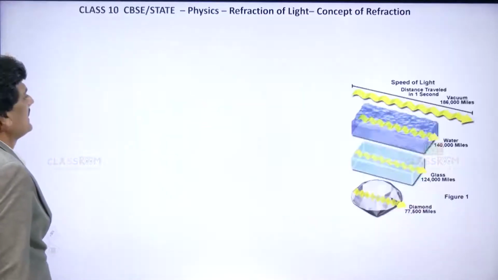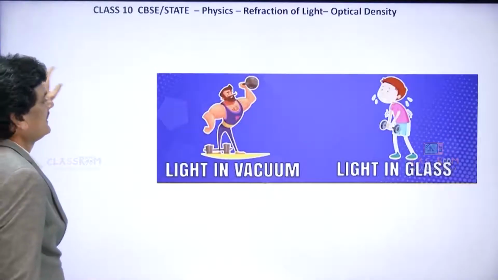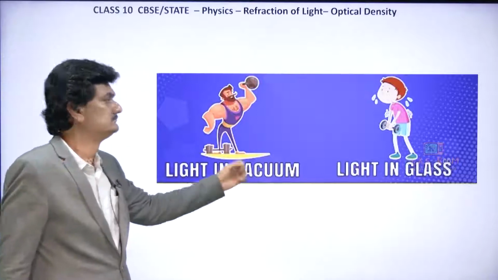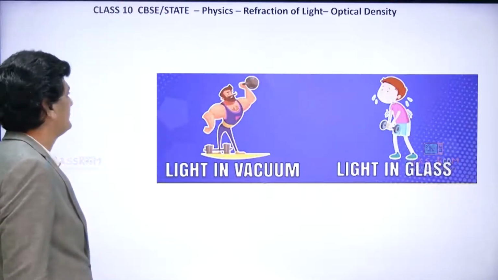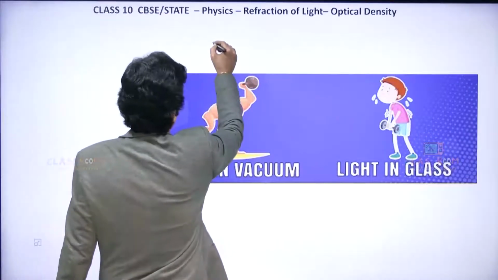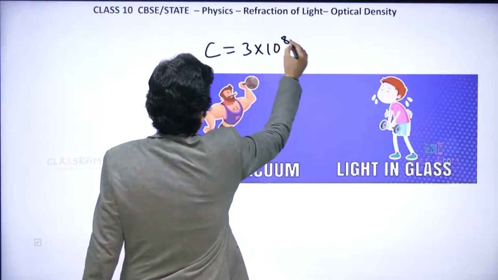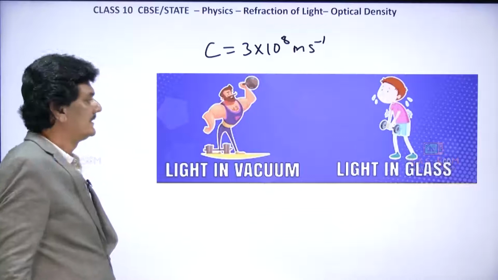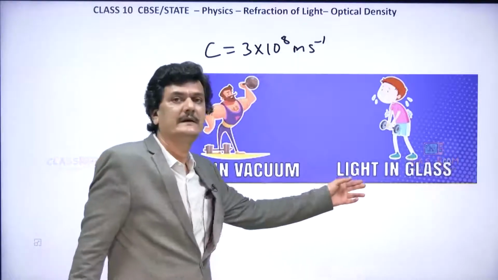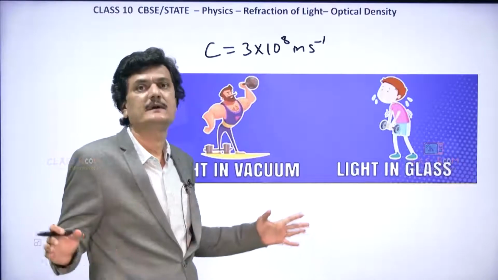How to measure the optical density then? That is the question. Now, see, light in vacuum has a maximum velocity. We know that the velocity of light in vacuum is 3 into 10 to the power 8 meters per second. And when it enters glass, its velocity decreases considerably.